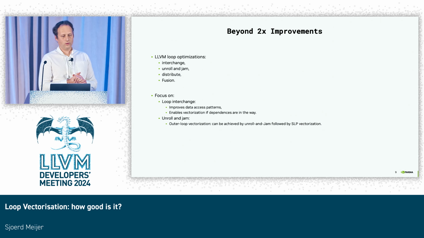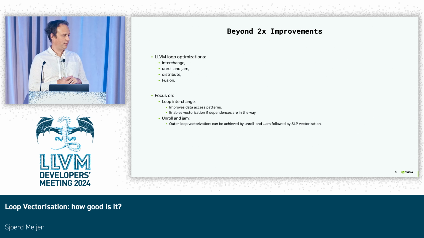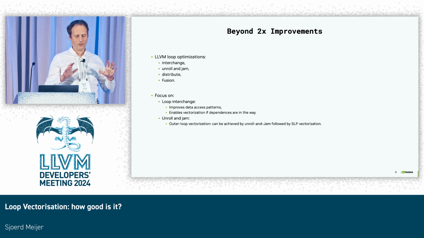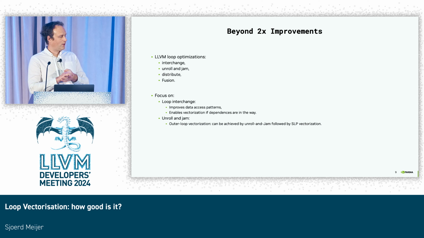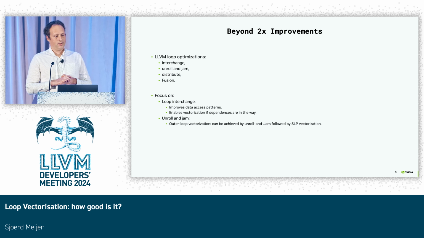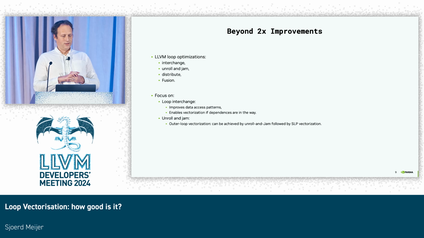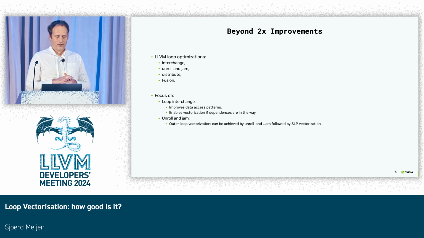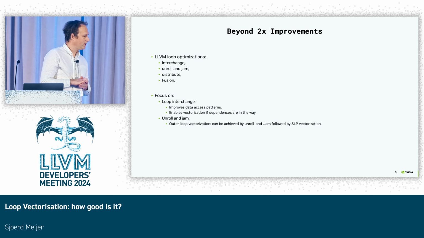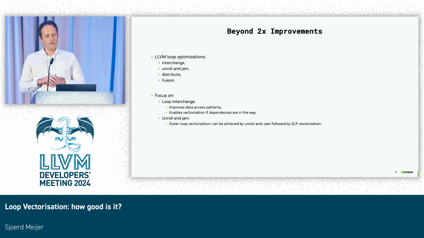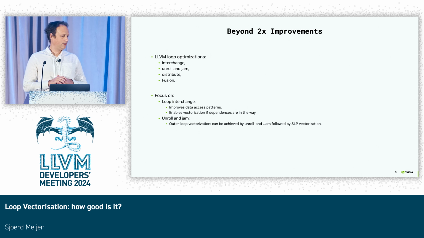So now moving on to beyond 2x improvements, what do we need to do? We fixed the basic codegen issues. What's next? Well, as I already mentioned in the beginning, that's probably loop optimizations, and there are quite a few of them. So in LLVM, there's interchange, unroll and jam, distribute, and fusion. And from this list, we will mainly focus on interchange.